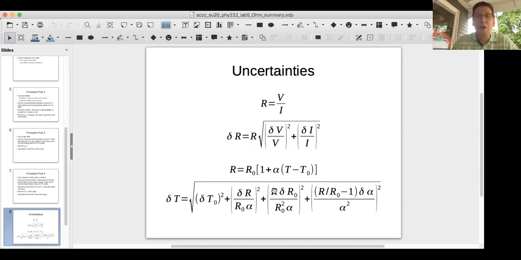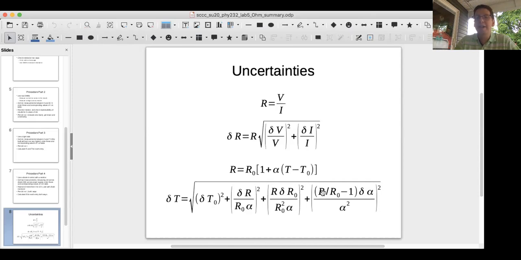Then you have R, your measured resistance, multiplied by the uncertainty in R naught. So if you look at the table, what do you know that value to? What's the precision of that value? That's going to be your delta R naught here. But you're multiplying that by your calculated value of the resistance, dividing by R naught squared times alpha. And then once you get that, you're going to square that.